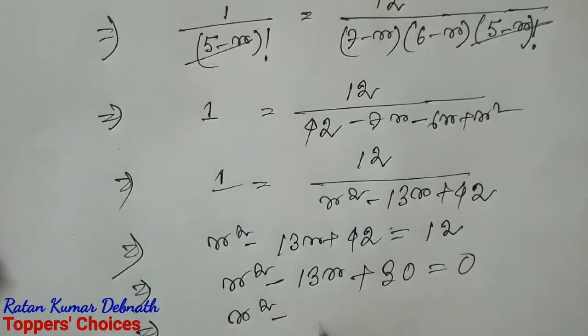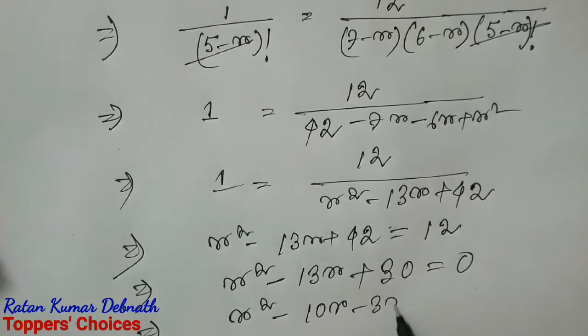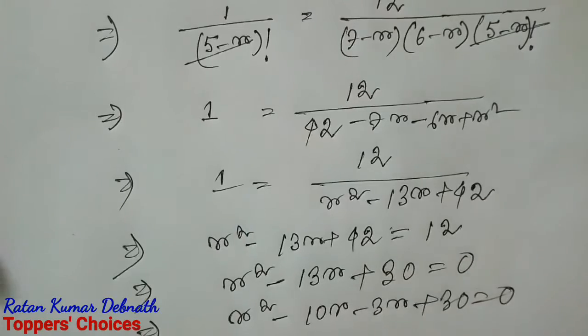Now r square minus 10r minus 3r plus 30.